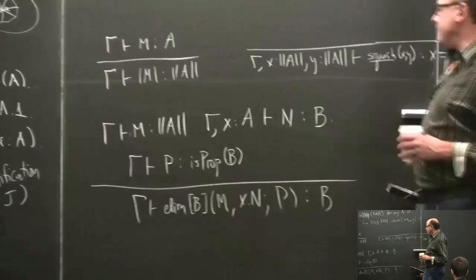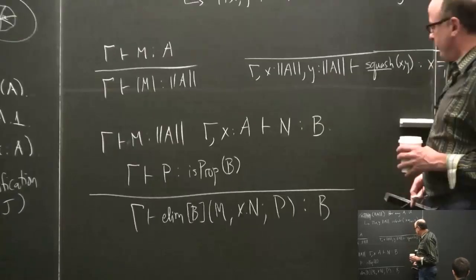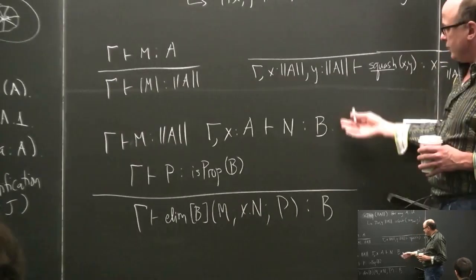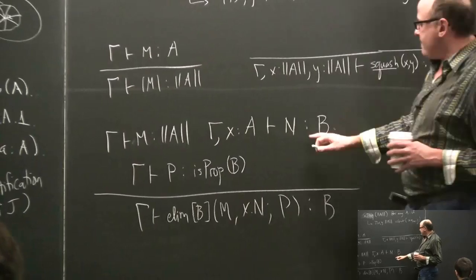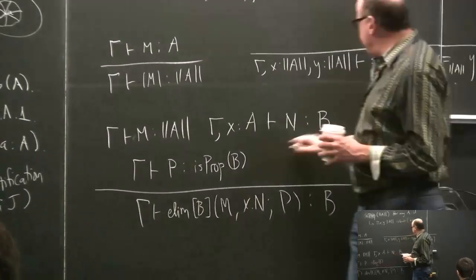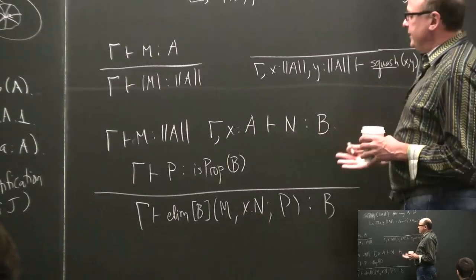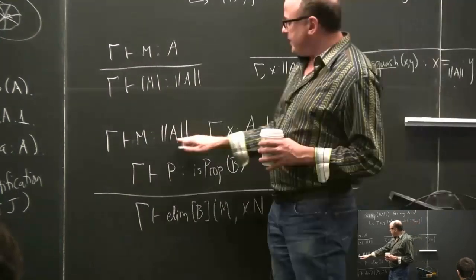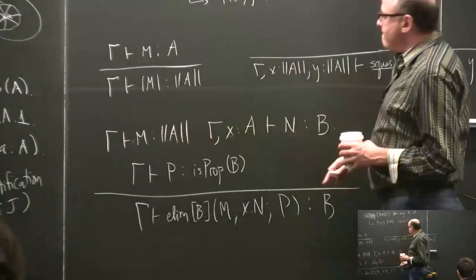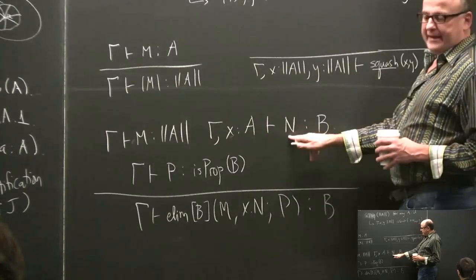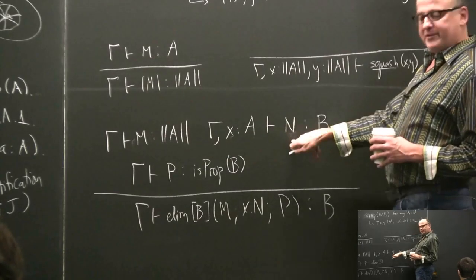Okay, so the intuition we developed last time, which I think is now ready, everyone understands, is this: by demanding that B be a proposition, I'm ensuring that N's outcome cannot possibly depend on which representative I chose to witness the inhabitation of A, because there's only at most one thing in B, and N is one thing, and any other thing will be equal to that thing.